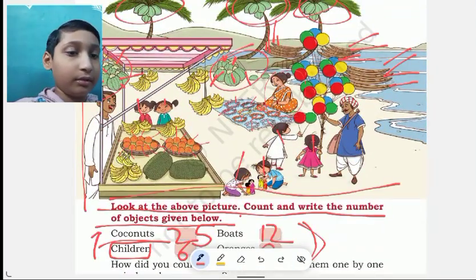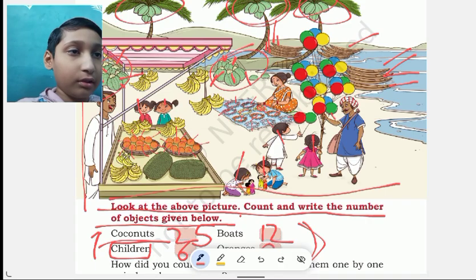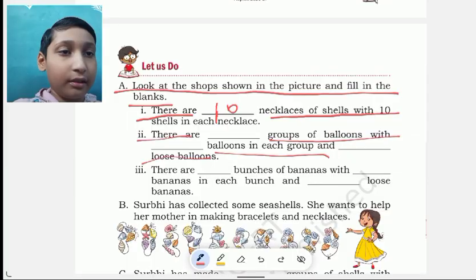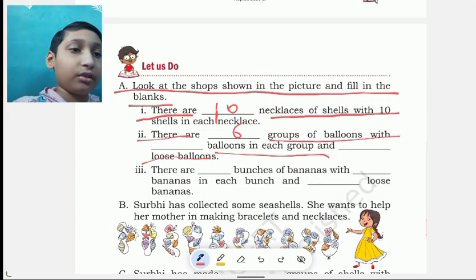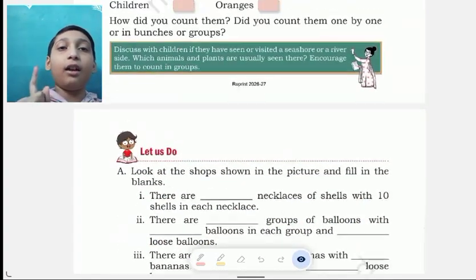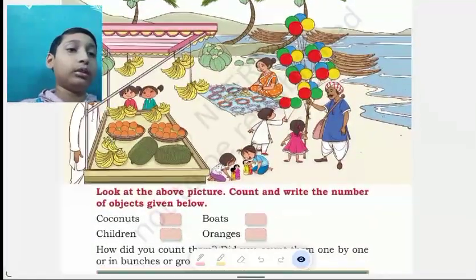If we count, there is one, two, three, four, five, six bunches. So we have to write 6.